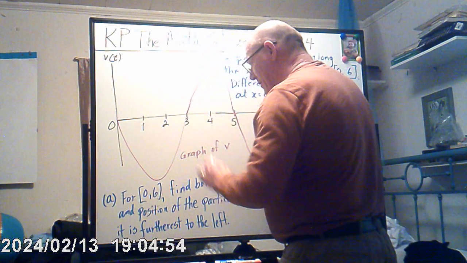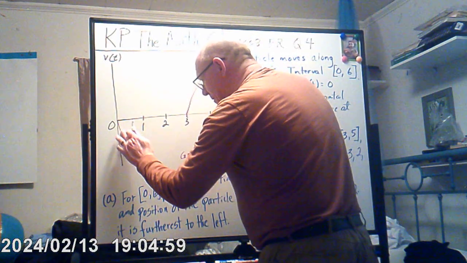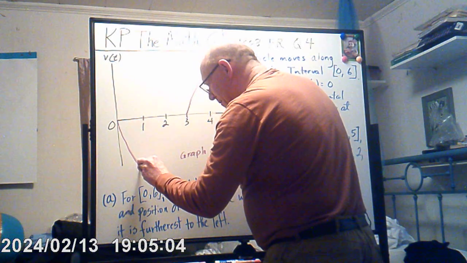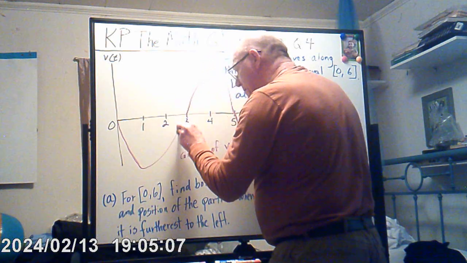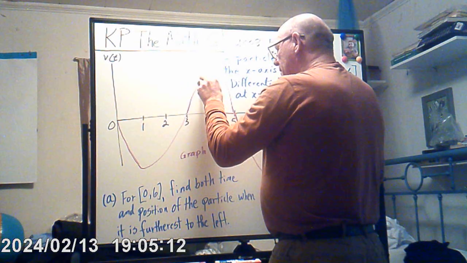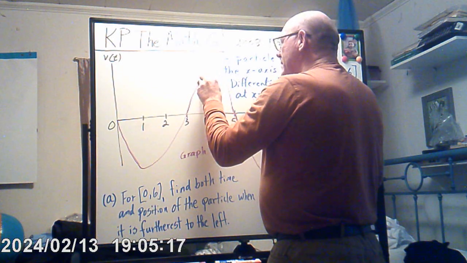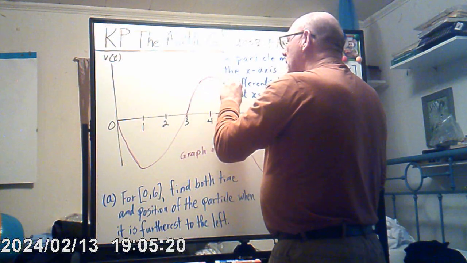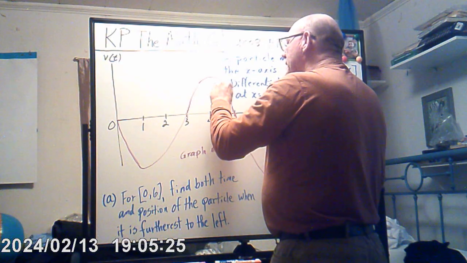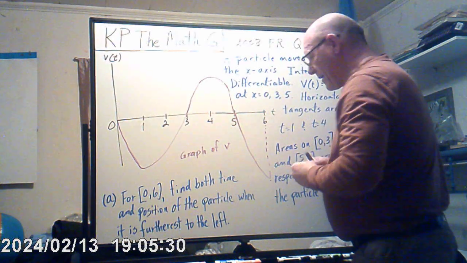Horizontal tangents here, and then a horizontal tangent at t equals 4. Put a point right up here somewhere. Right there, looks good. Now that looks a little more like what it's asking for.